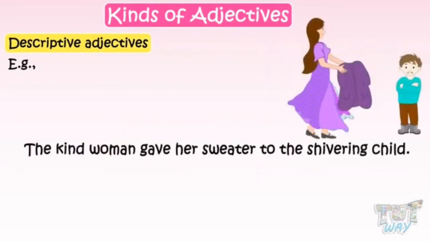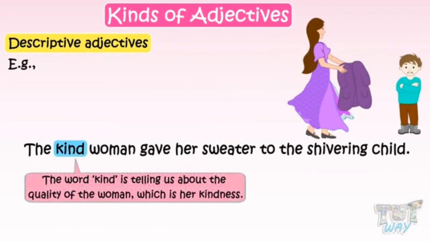Okay? The kind woman gave her sweater to the shivering child. Kind in the sentence is telling us about the quality of the woman, which is her kindness. And so we say it is a descriptive adjective.